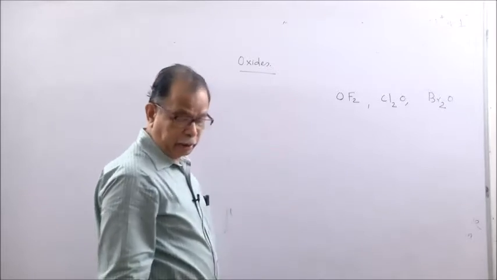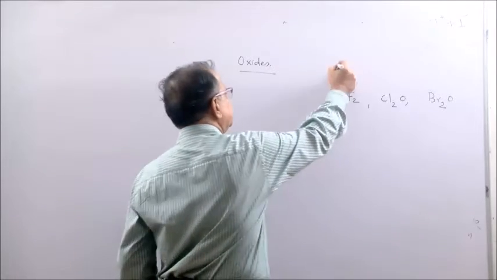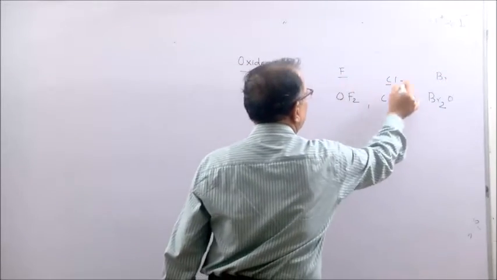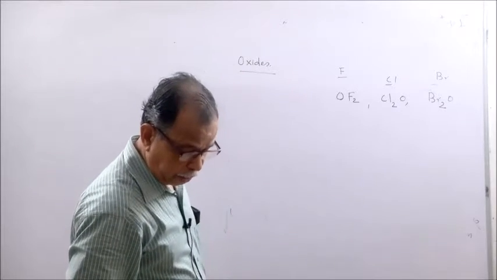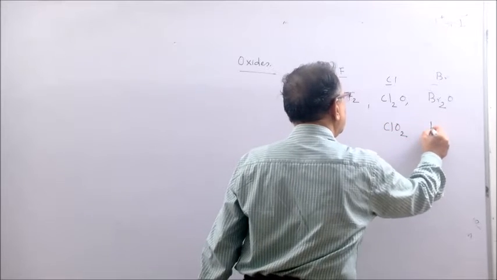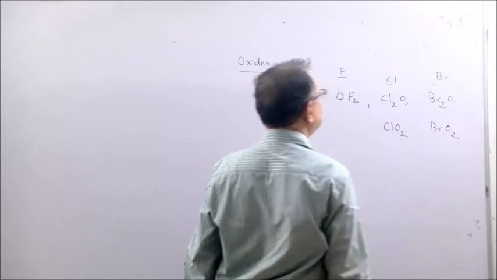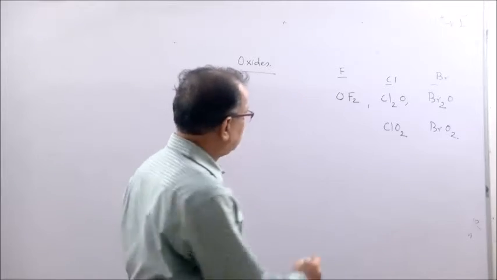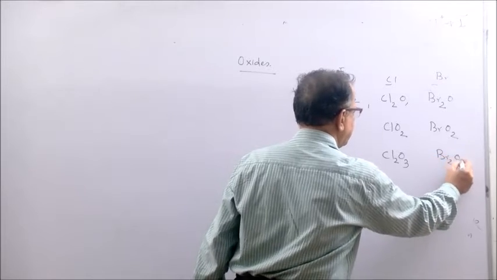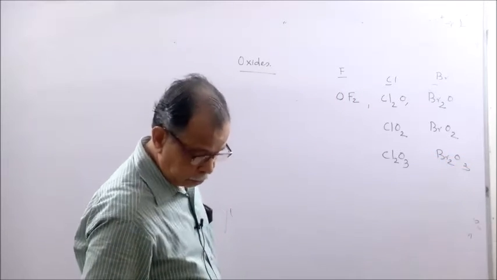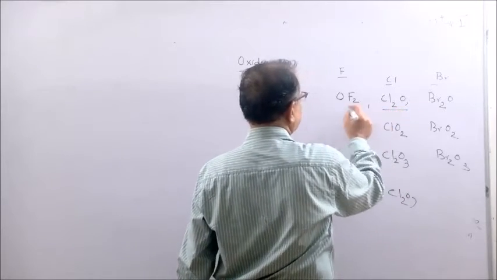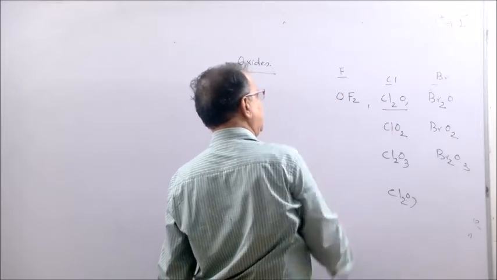Chlorine and bromine also form ClO2, BrO2, then Cl2O3, Br2O3, and another, Cl2O7.